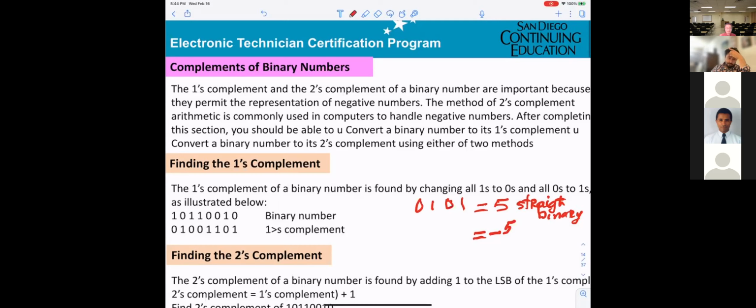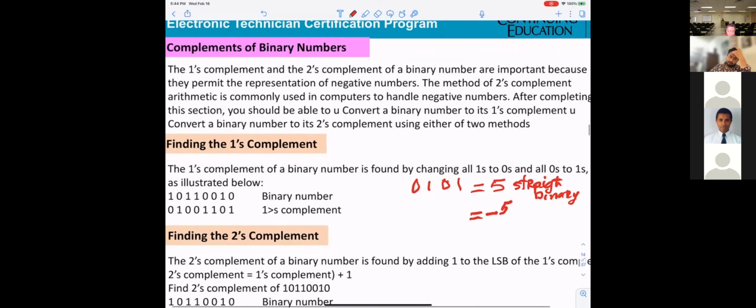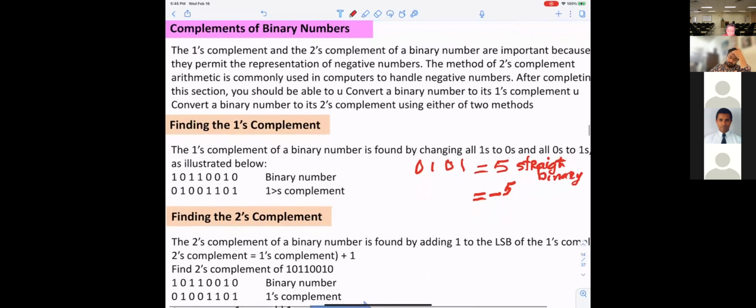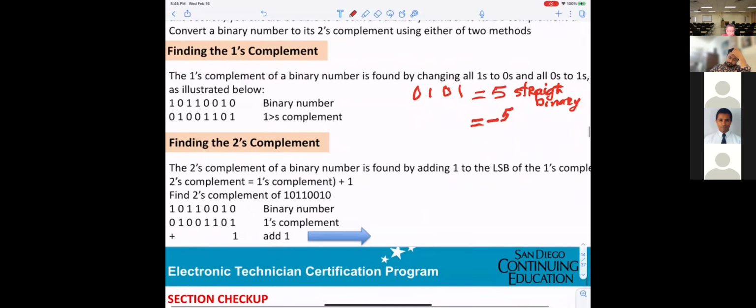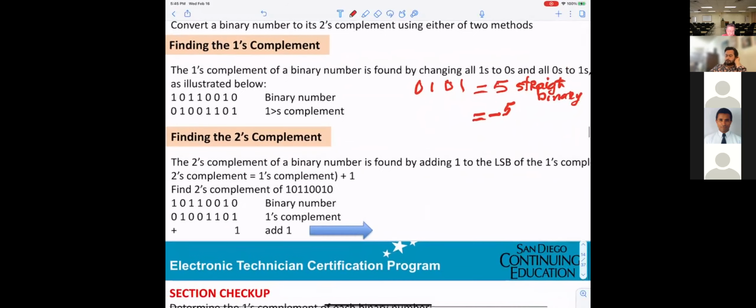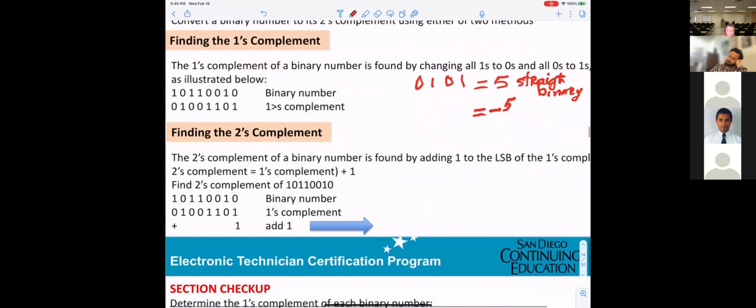Okay. The thing is, I'm not trying to read all of that, okay? But I'm just telling you the purpose for first complement or second complement. And now we'll see how we can get the first complement. Very easy. You get a binary number here.